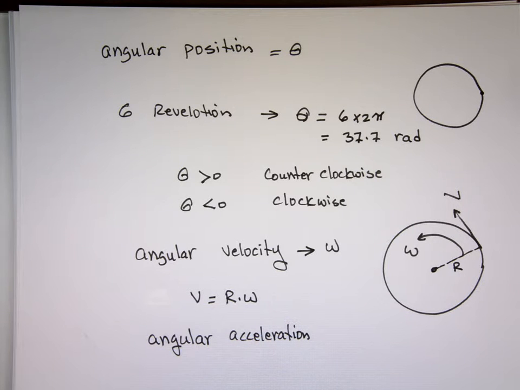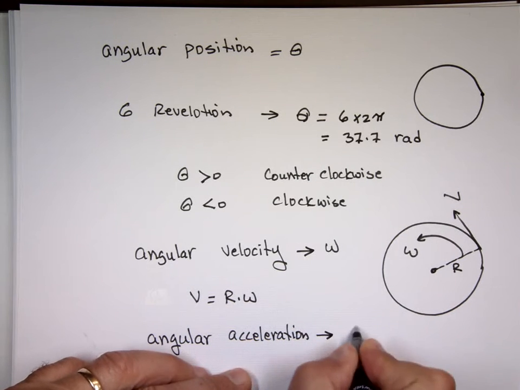It could be 33 RPM, I don't know what the number is for a CD. But you have to get it spinning to a certain speed before you can actually start listening to it. There must be an acceleration because you went from 0 velocity to, let's say, 33 RPM. We call that alpha.